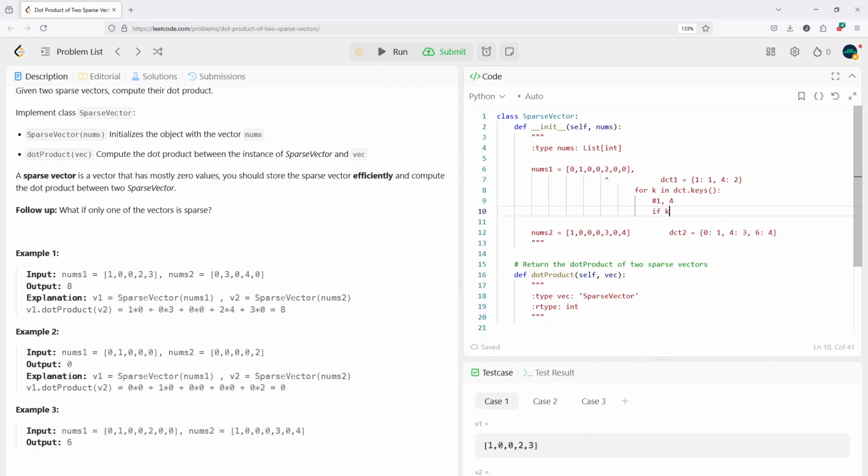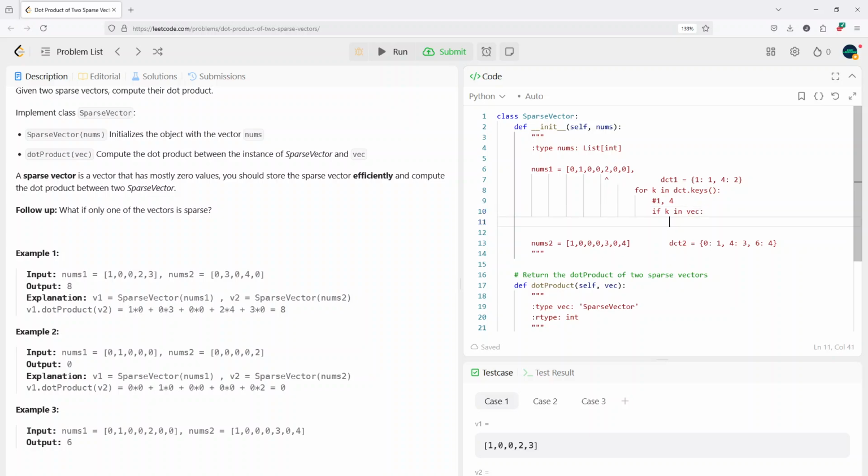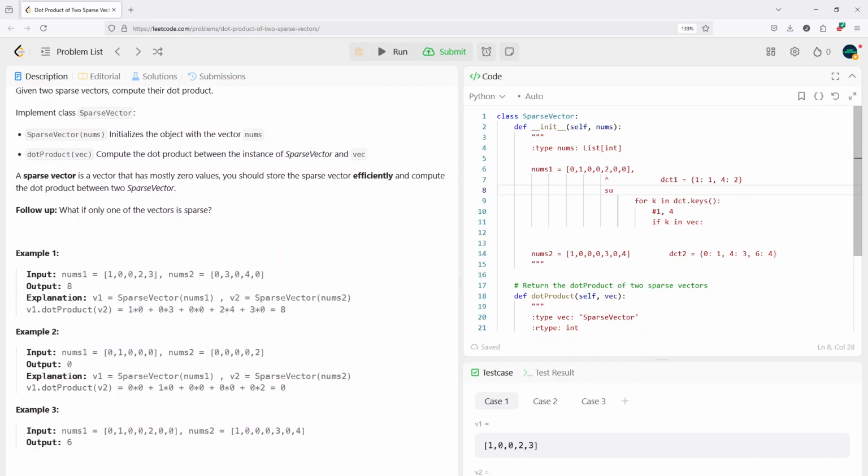So if k in D2, then you would have a total equals 0, and increment that total by the product of dict1 and dict2. And that's basically it.